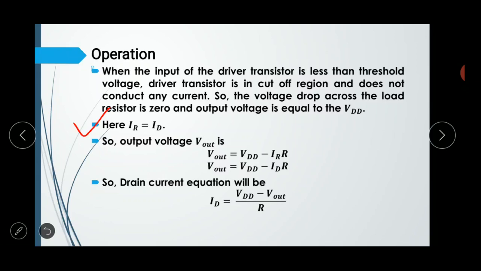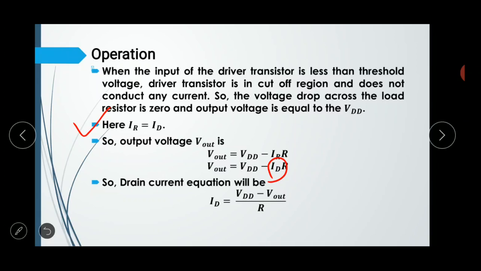And when we apply Kirchhoff's law in the resistive load inverter circuit, this equation is derived. As we know, IR equals ID, so here we replace IR with ID.